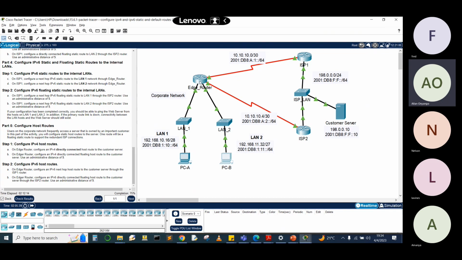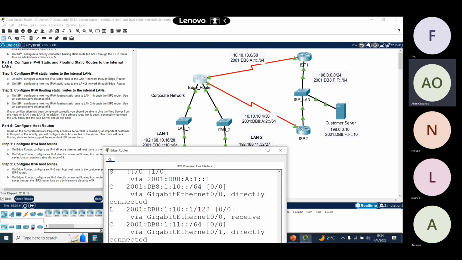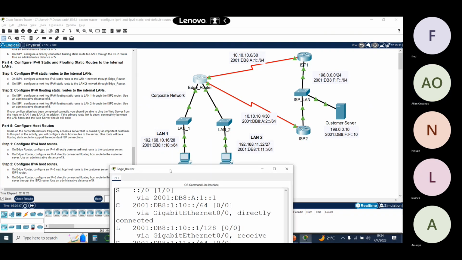So let's get to the host server. Before we do the configuration, since we are doing a directly connected route, I'm just trying to check through. Directly connected host route to the customer server.